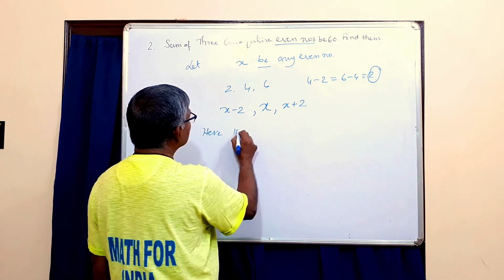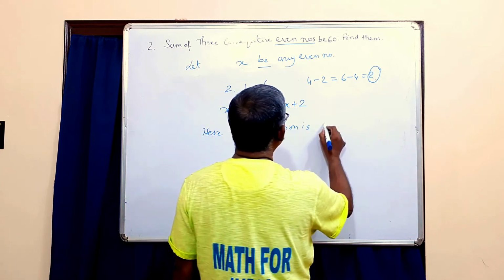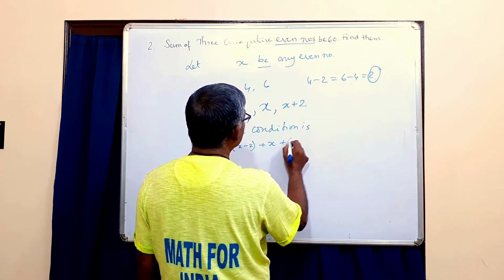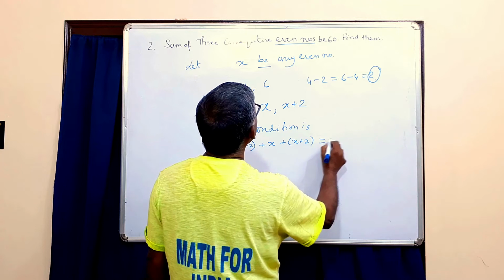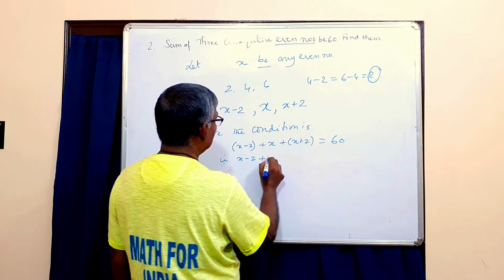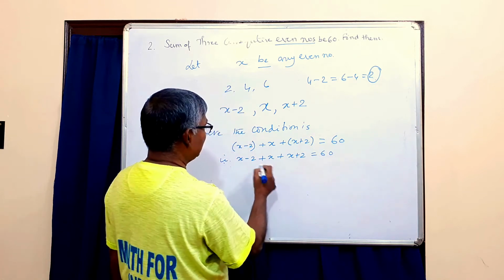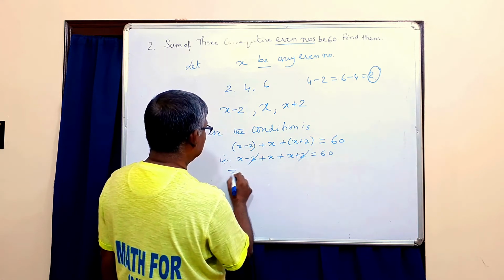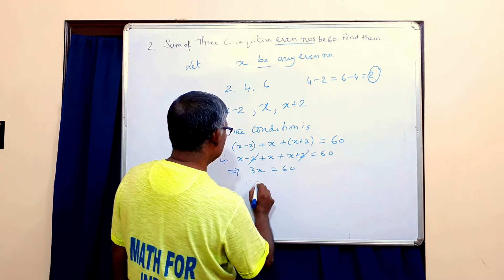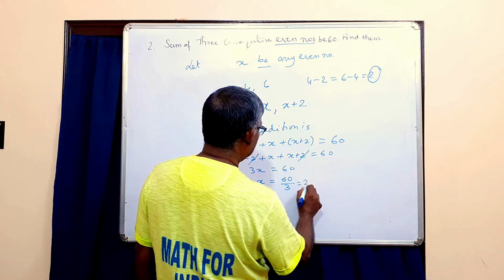Here the condition is x minus 2 plus x plus x plus 2 equals 60. Here minus 2 plus 2 cancel. This implies that 3x equals 60. Therefore x equals 60 by 3, that is 20.